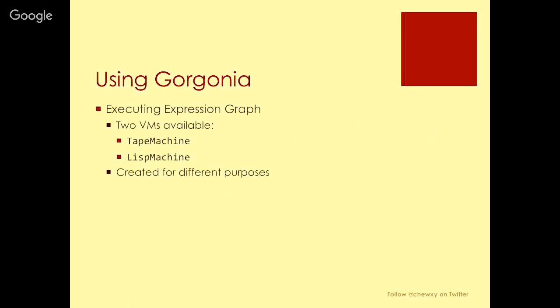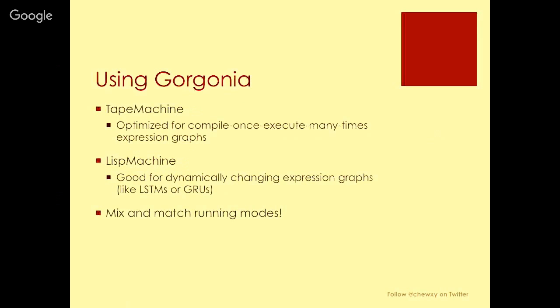So the tape machine is basically what you expect of a VM. You give it a graph, it compiles out into a linear program, and it runs it. So it's optimized very well for compile once and execute many times kind of programs. Well, the list machine is where you provide it a graph, and it just walks the graph and executes the graph as it goes along, right?